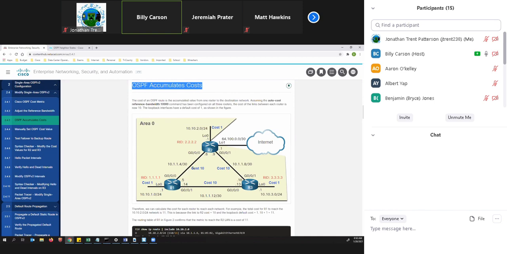If I go this way, the cost this way is 10, cost this way is 10. So there's 20, and then over here 21. Or if I just went from router 1 to router 3, the cost is 10. That's the way I'm going to go. So it builds that cost. It's cumulative. It accumulates it the entire way.